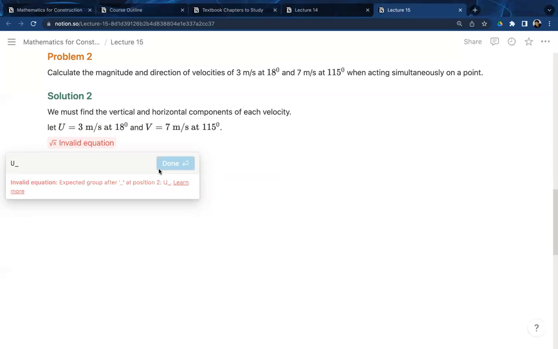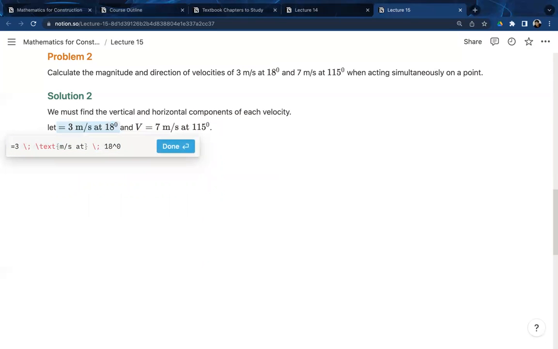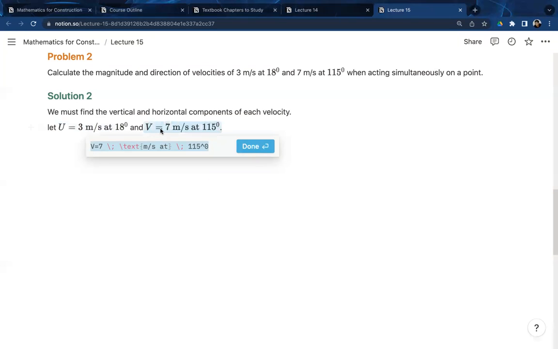Okay, maybe those were not the best letters to choose, right? So we call them X and Y. X and Y.